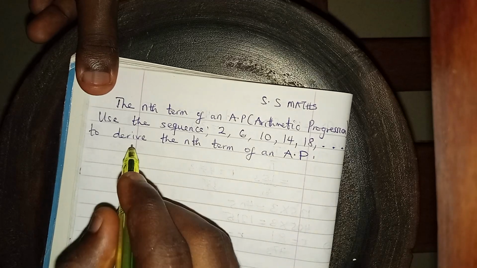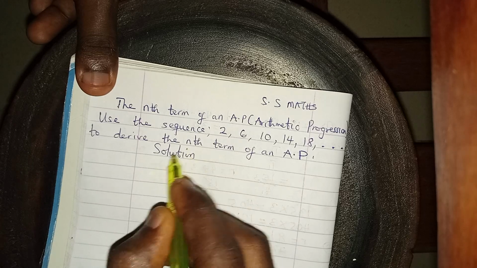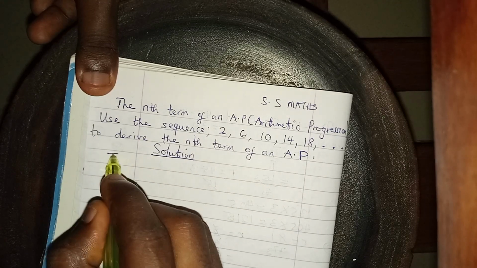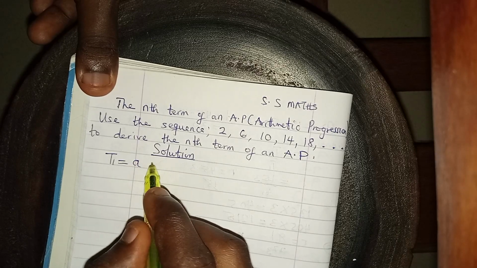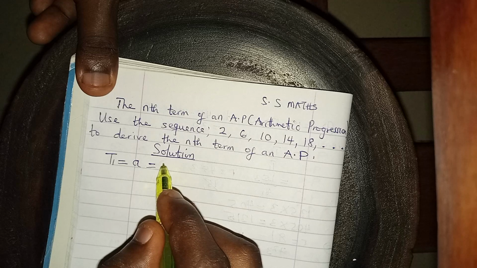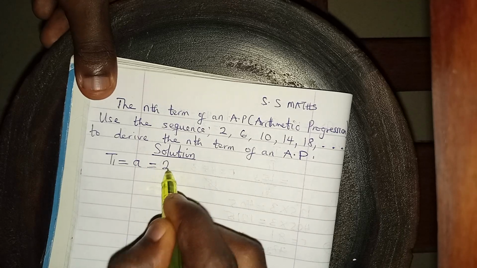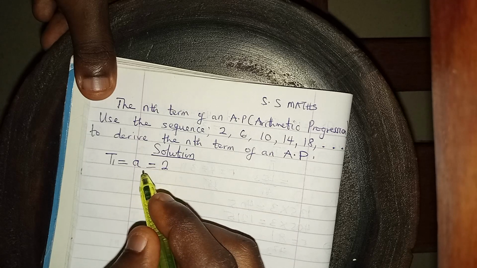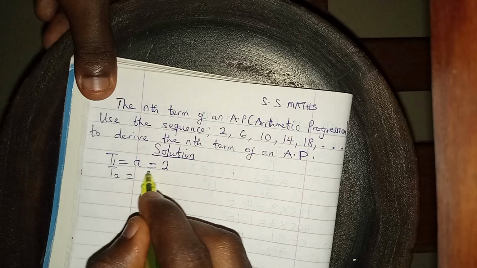So you realize that the first term is 2. The first term, we call it T1, same thing as A. So that's 2. Then you realize that the second term, T2, is 6.